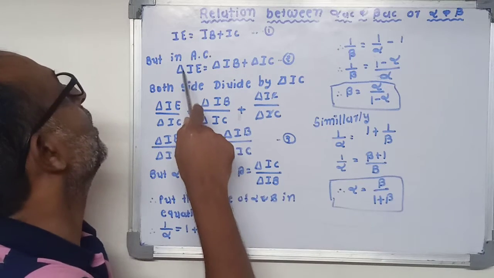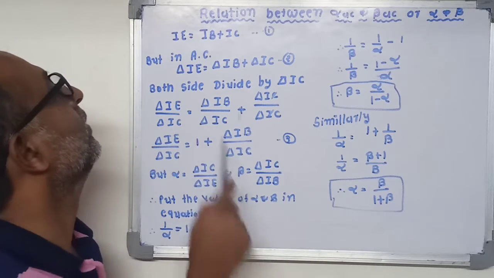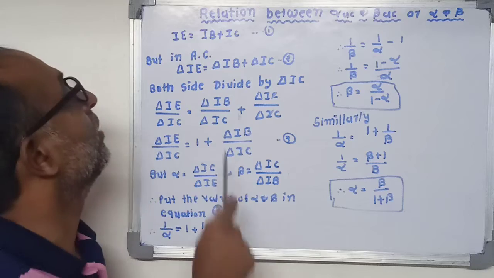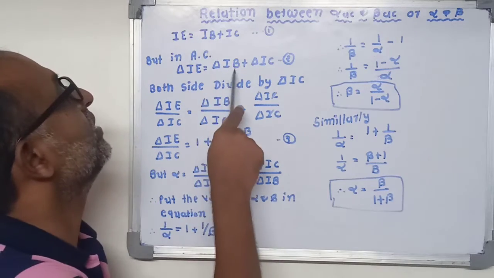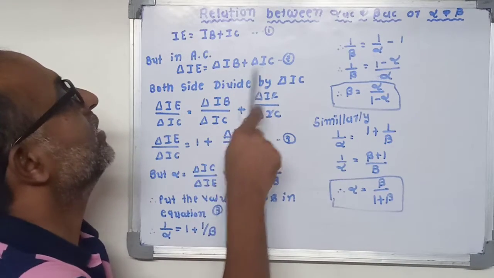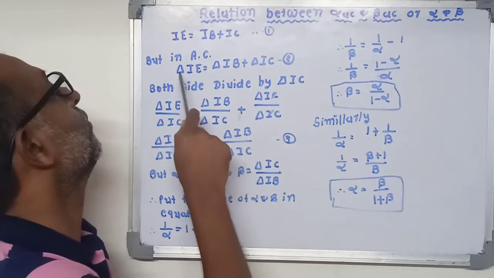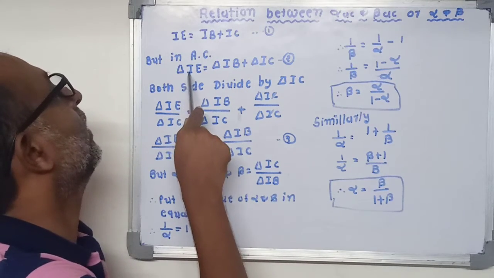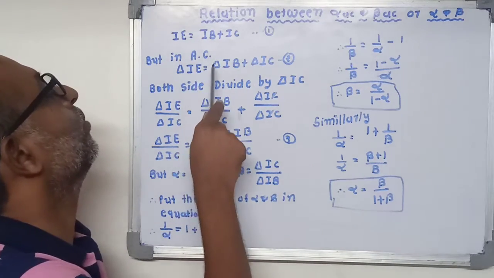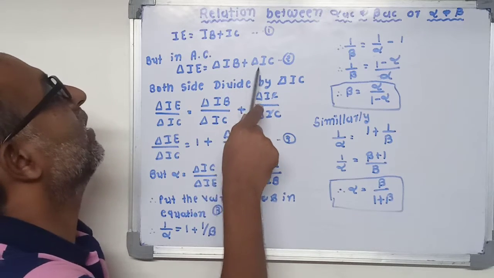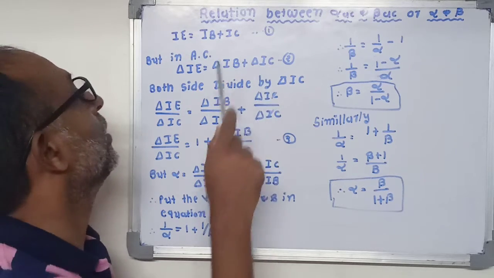Already we have seen in AC circuit the change in emitter current is the summation of change in base current and change in collector current. So we can write delta IE is equal to delta IB plus delta IC. That is our equation number 2.